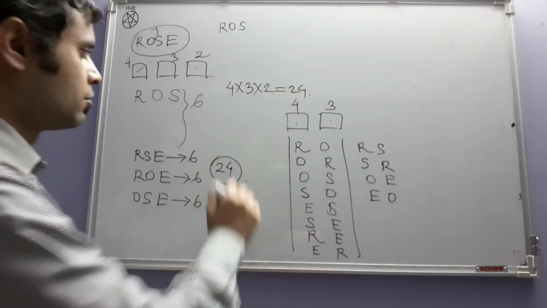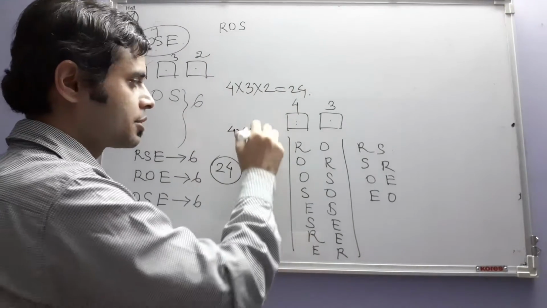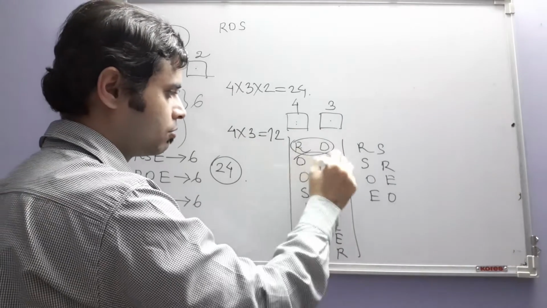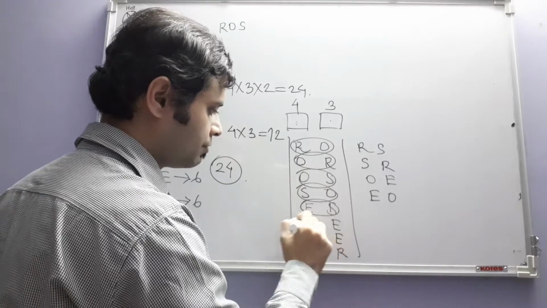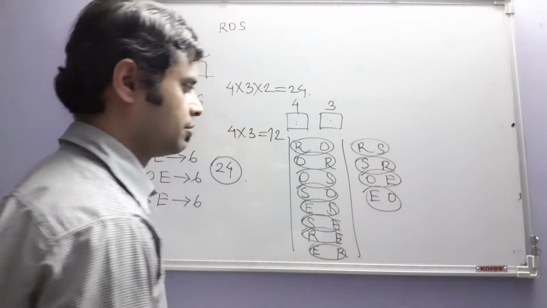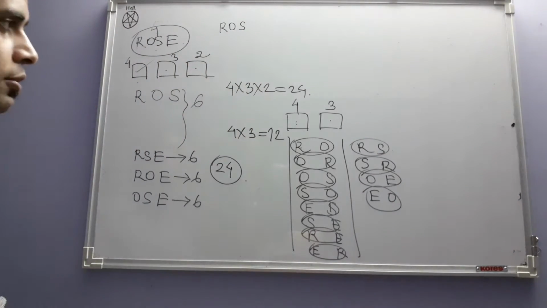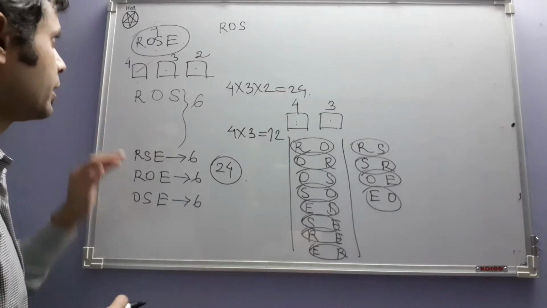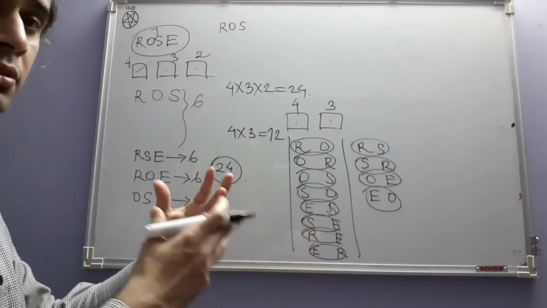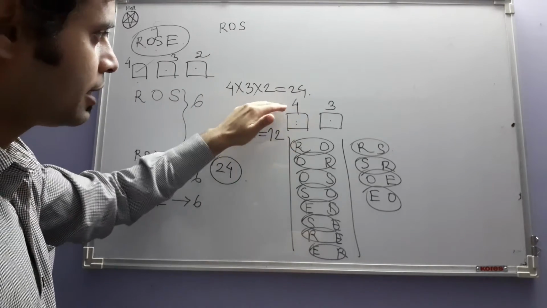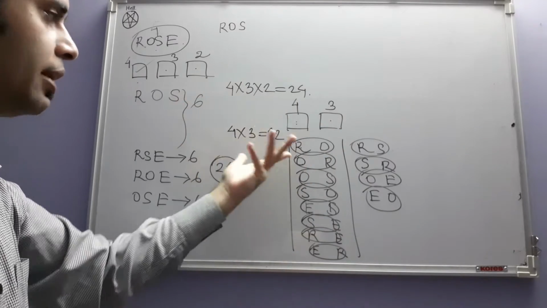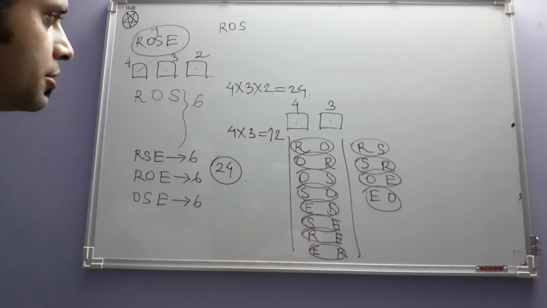So I have 4 times 3 different types of arrangements. 12, which is 1, 2, 3, 4, 5, 6, 7, 8, 9, 10, 11, 12. So now we understand that no matter how many distinct objects we are given and how many of them we can choose, we can use the principle of counting to easily find out the number of possible arrangements.